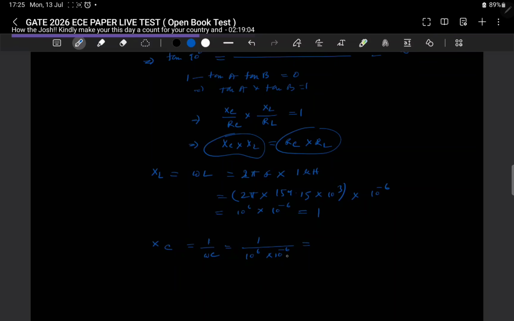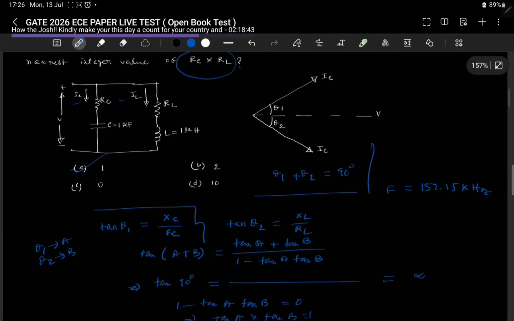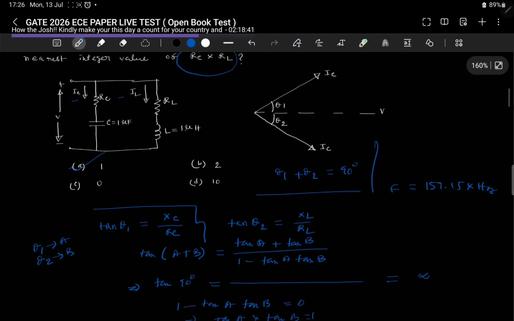Now capacitance is also 1 microfarad, so this will also be 1. So rc into rl equal to 1 into 1 equal to 1. Okay, so option A, it is matching.